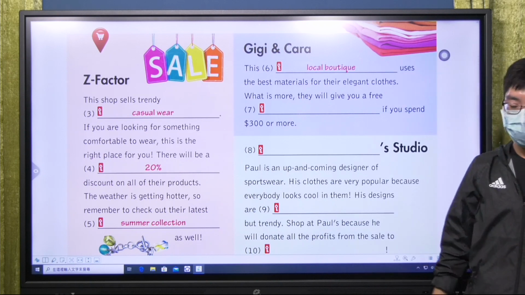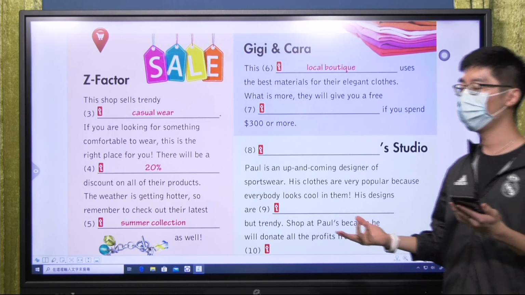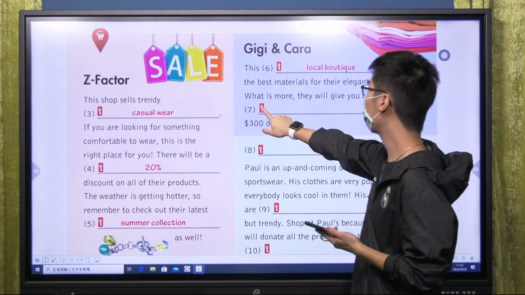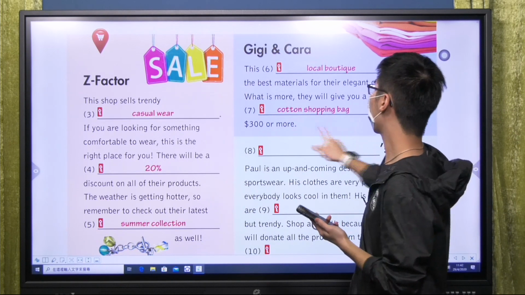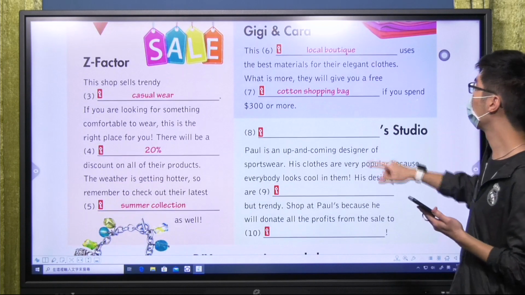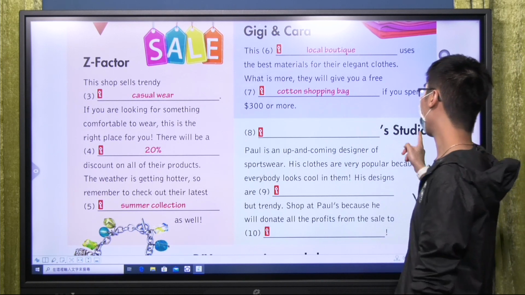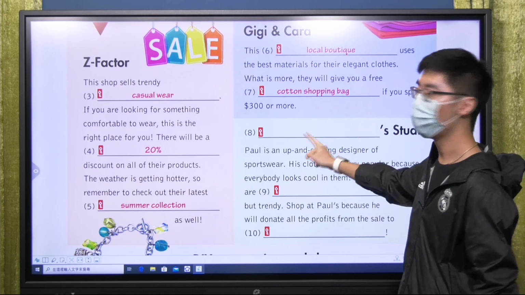In the past, it's mentioned that you can get a free cotton shopping bag if you spend 300 or more, okay? So what kind can you get? Right here, okay, and then it is simple. What is the name of the studio? Paul Wong, okay?